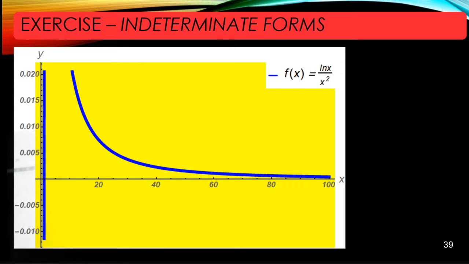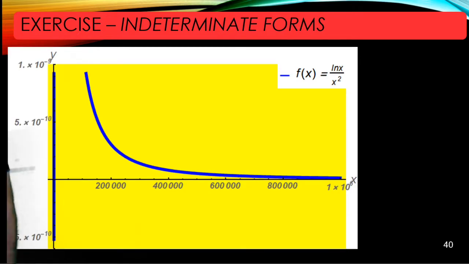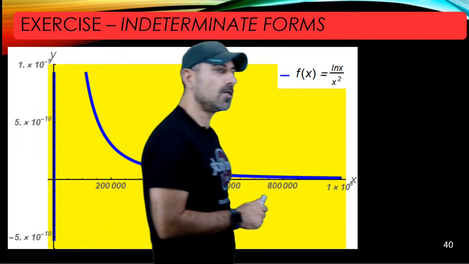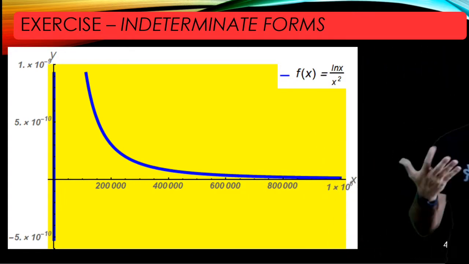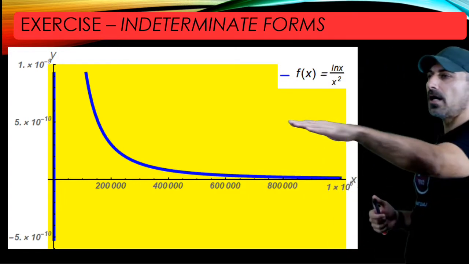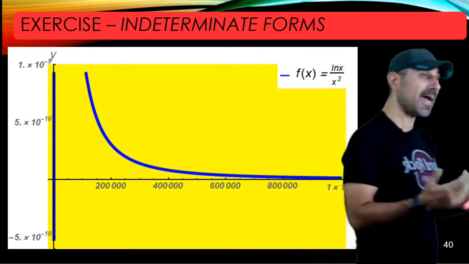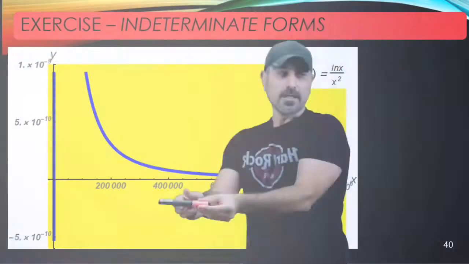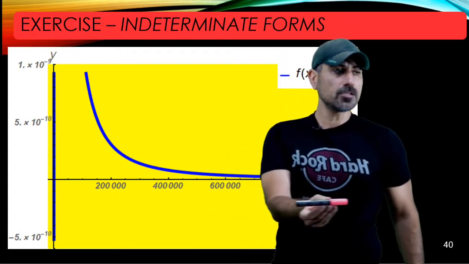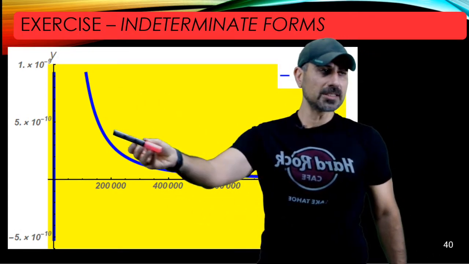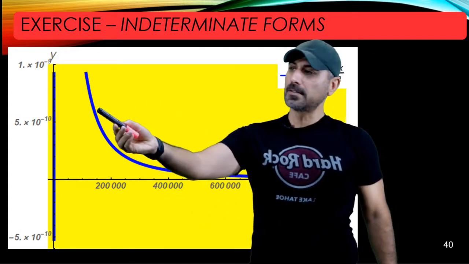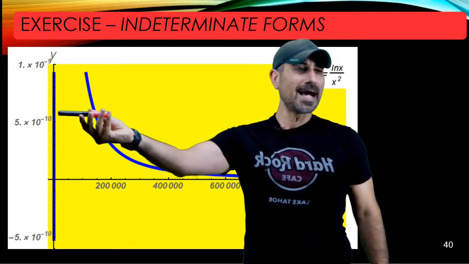So I took my x max to be 10 to the power of 6, just to confirm that the corresponding function values get smaller and smaller, and in fact converge to 0. If you increase x in this direction, the corresponding function values get smaller and smaller, and they're now at the level of 10 to the minus 10.